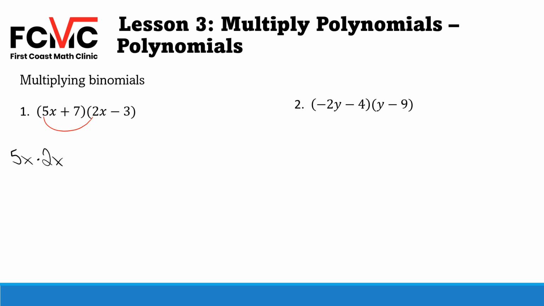Outer are going to be 5x and minus 3. So when I do this, I'm making sure to include the sign. So I have to include the minus sign with the 3.